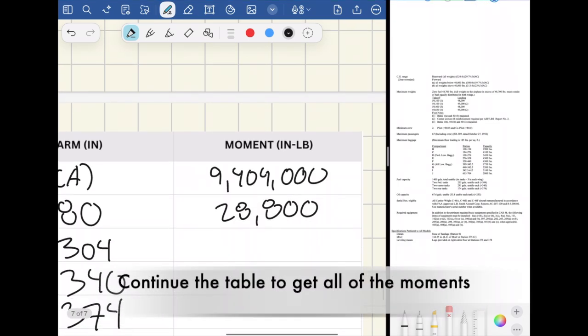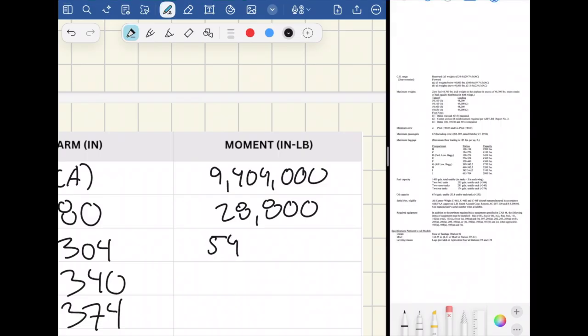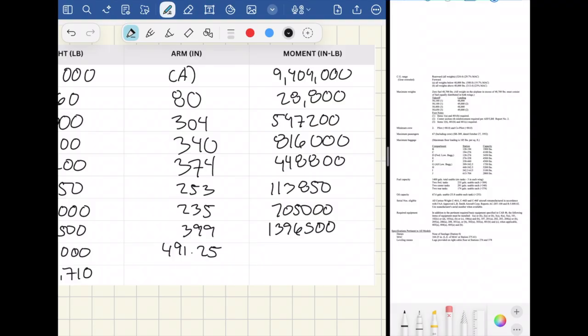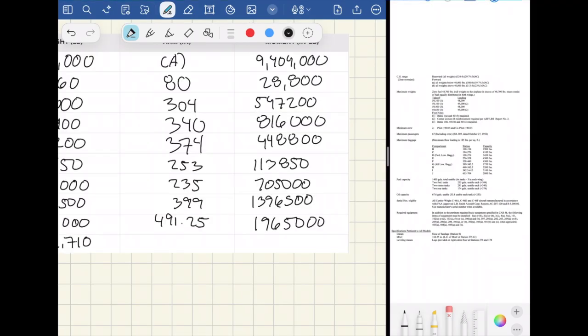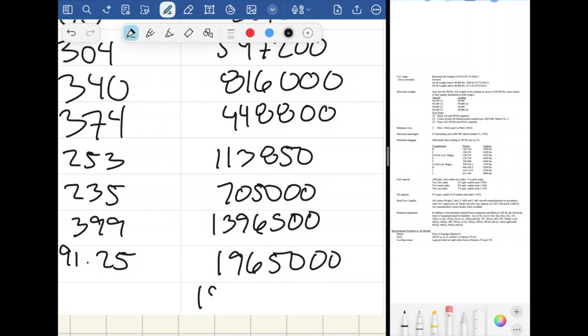Sa fuel forward tanks, we have 5,447,200. Compartment H, we have 1,965. Alright, so now we will sum this up and we will have an answer of 15,425,150. And walang decimal.